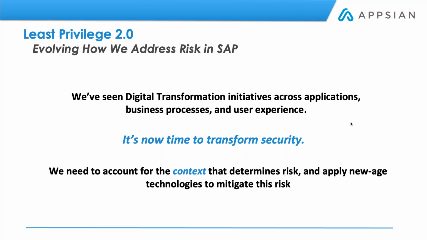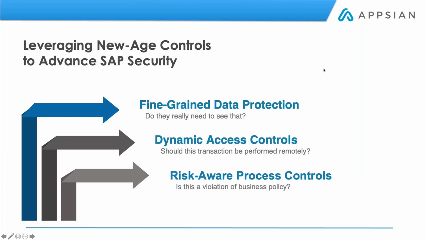And what we want to do is leverage technology to be able to mitigate this risk. That's the goal. And so if we can bring into effect the context, that's going to give us more information about how that user might be using our system, and now what we want to do with that user. Should we trust them explicitly, or should we not trust them explicitly? So that's really what we're talking about with bringing in that additional context.